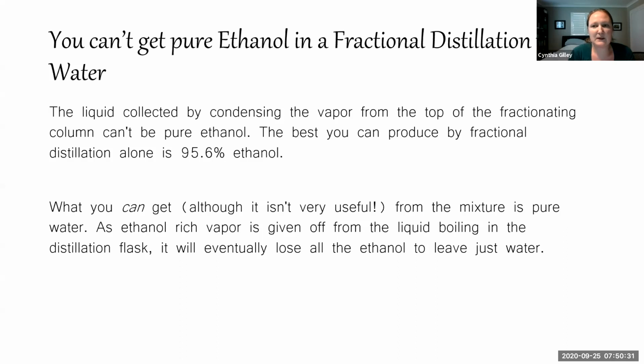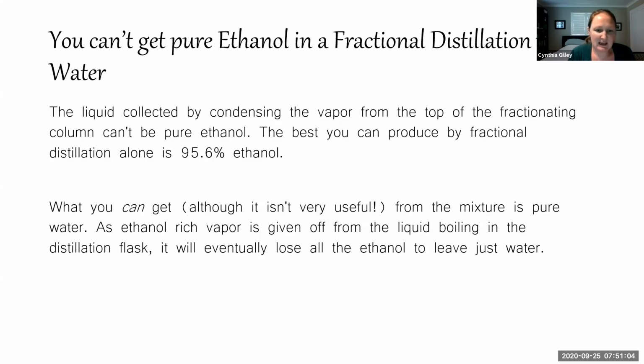It has something to do with an improper measurement of the density, because it's impossible to get pure ethanol in a fractional distillation with water. So if you measure a density that equals exactly the density of ethanol, then it's an error. The student just didn't measure the density accurately. The liquid collected by condensing the vapor from the top of the fractionating column cannot be pure ethanol. The best you can produce by fractional distillation alone is 95.6% ethanol.